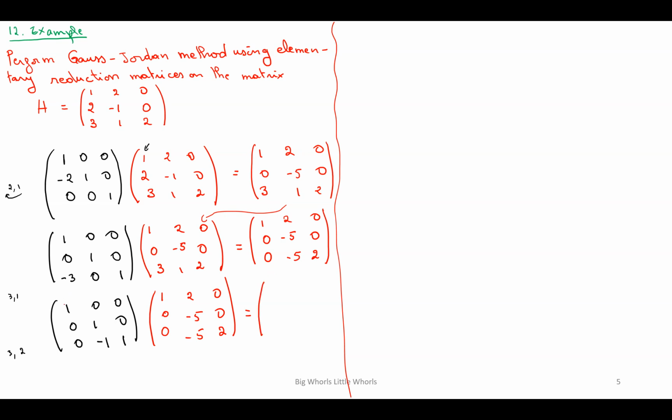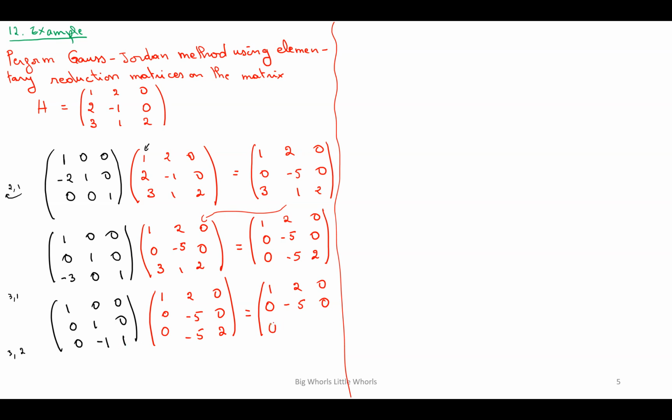Here we are not doing anything to row 1, so we are just recopying row 1 because of that 1 there. That 1 there as well is not doing anything to row 2, so we recopy row 2. And the -1 and the 1 here mean that row 2 and row 3 are interacting.